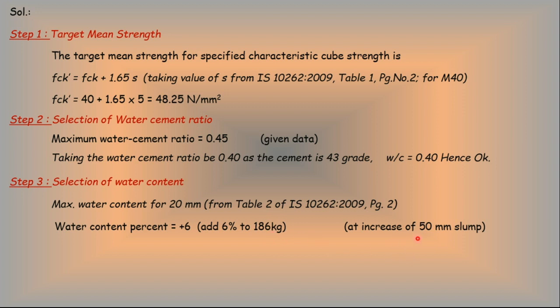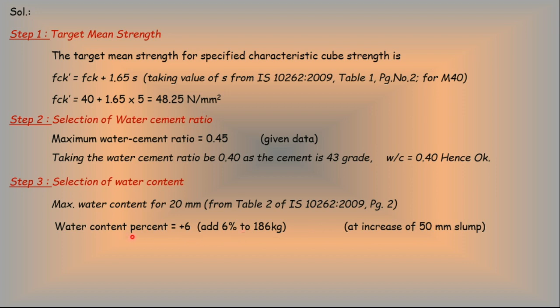Here we have an increase of 50 mm slump and we have to add 6% for the water content. How do we get this 6%? For every 25 mm slump increase, 3% is to be considered. For 50 mm total increase of slump, we consider 6%.